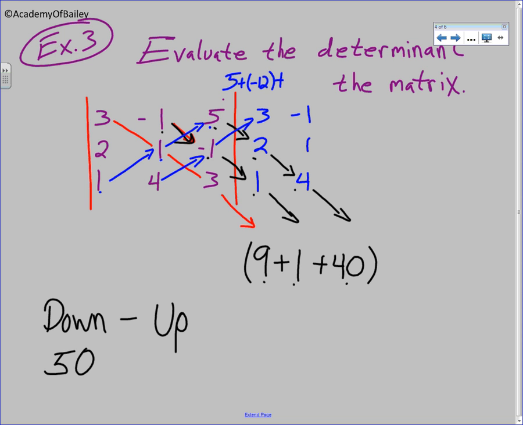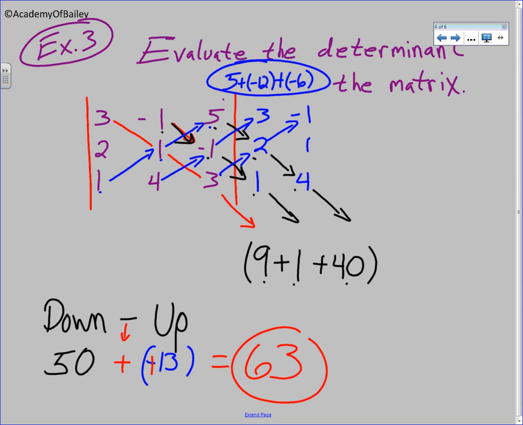And then 3 times 2 is 6, times negative 1 is negative 6. And then how about all the up diagonals? What do they add up to equal? Negative 13 is what they add up to equal. Bring down this negative sign. And so now 50 minus negative 13, 63. And that's the determinant.